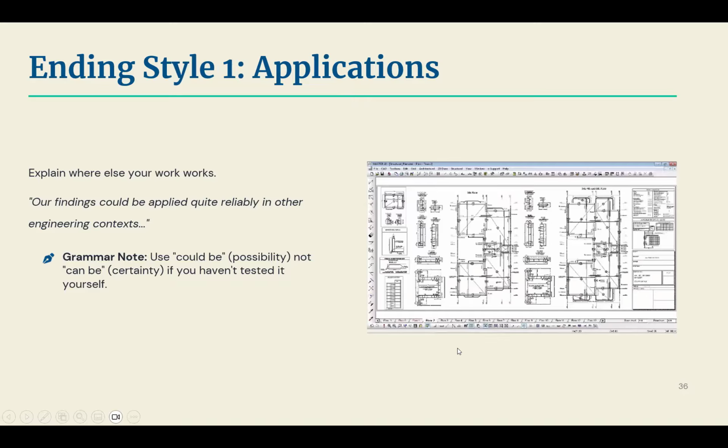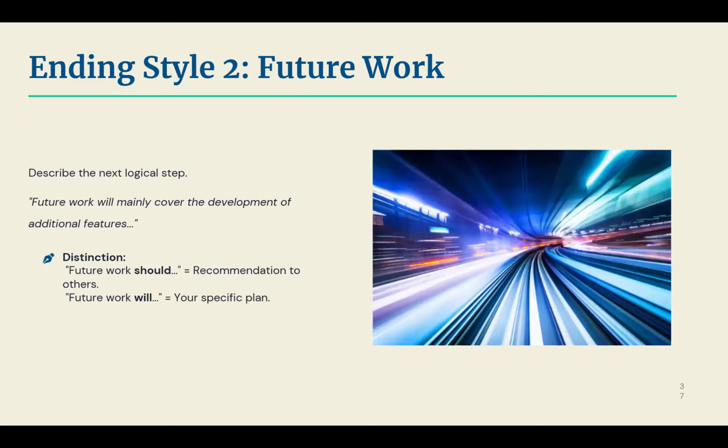to come to the ending styles, there are applications. Explain where else your work works. In implications, before you come to the ending, you say your work might be working in these circumstances. That is part and parcel of the post-conclusion remarks of your paper.